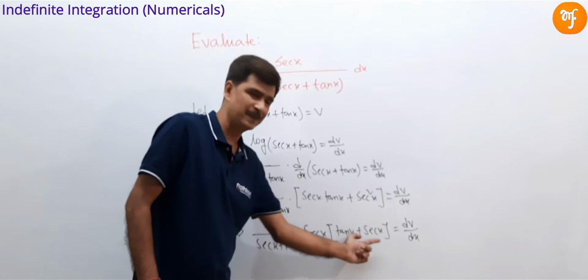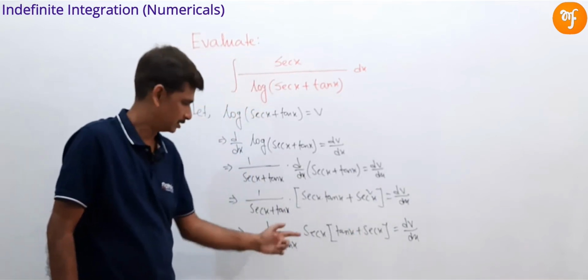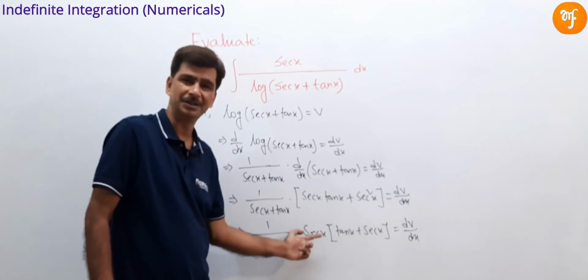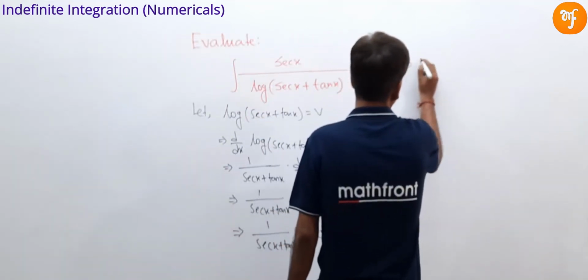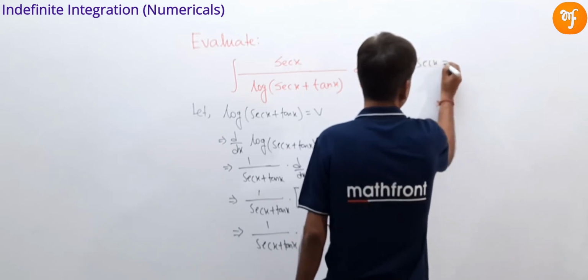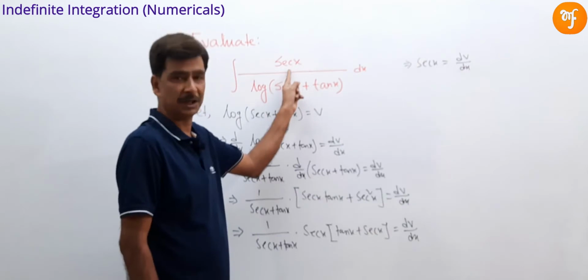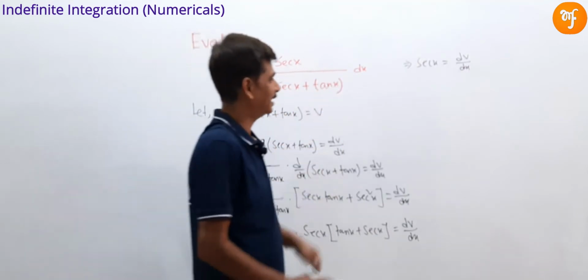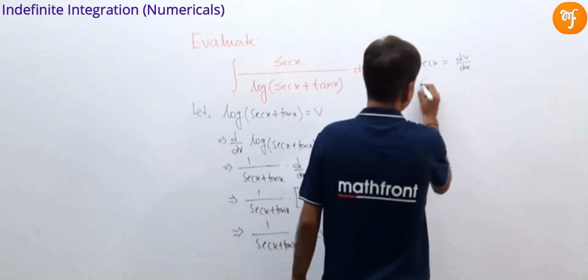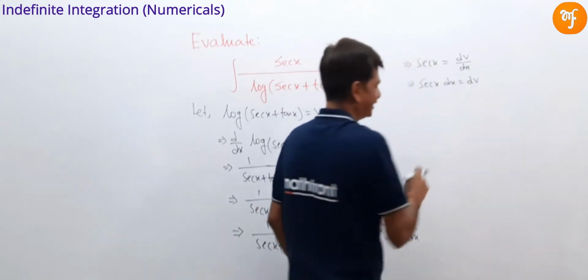So this tan x plus sec x and this sec x plus tan x will be cancelled. So what will be at the left hand side? Just sec x. So in the next step, we can write sec x is equal to dv/dx, and at the numerator sec x into dx is present. So we can write sec x into dx is equal to dv.